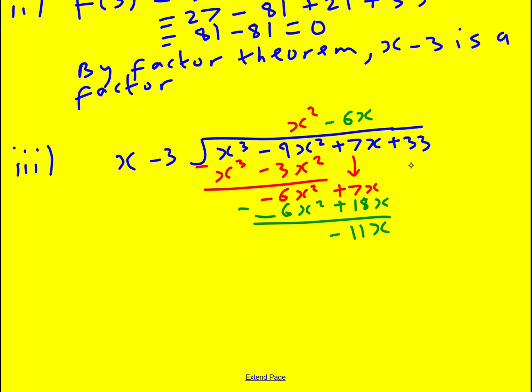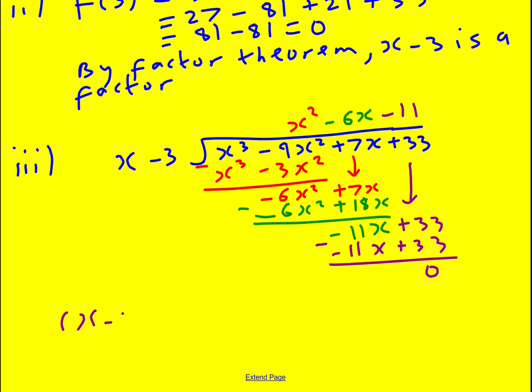Bring down. x goes into minus 6x squared minus 6x times. Multiply back through. Subtract. Bring down. x goes into minus 11x minus 11 times. Multiply back through. Subtract, and we get 0. So now we have x minus 3 times x squared minus 6x minus 11 equals 0.